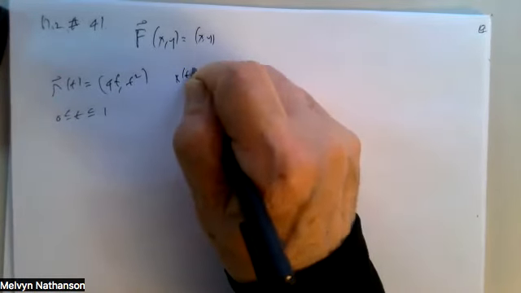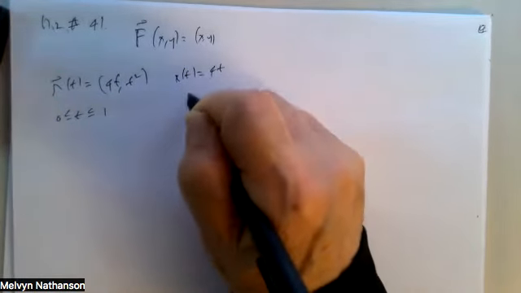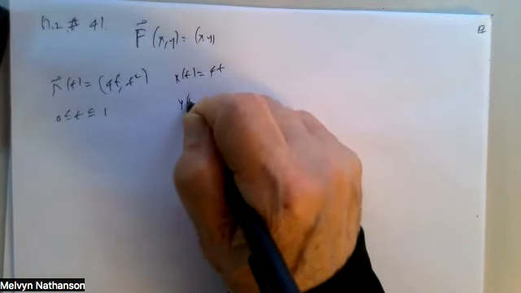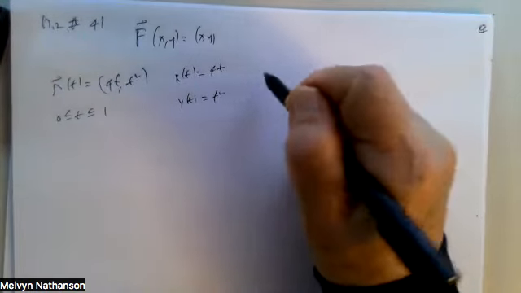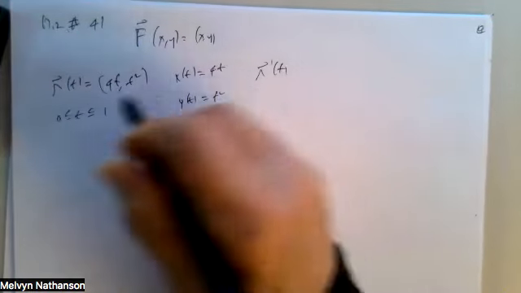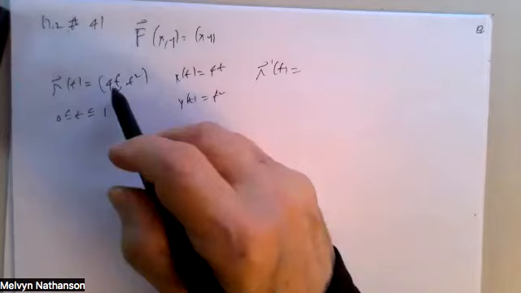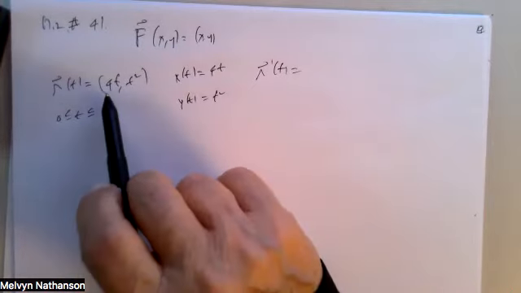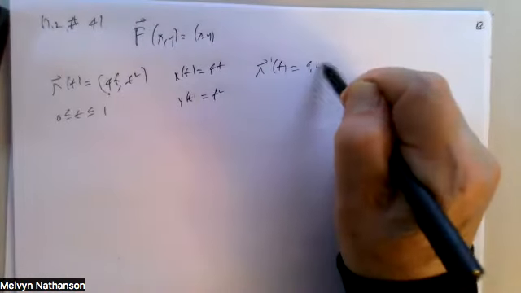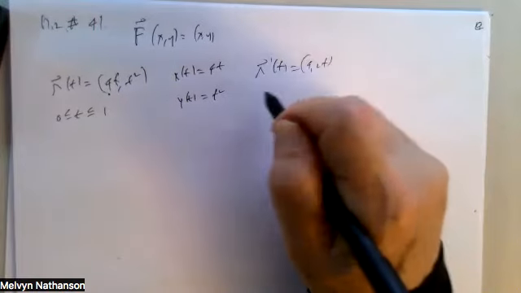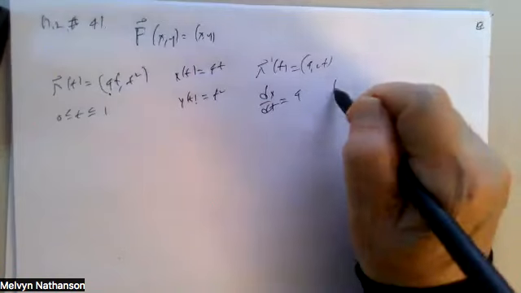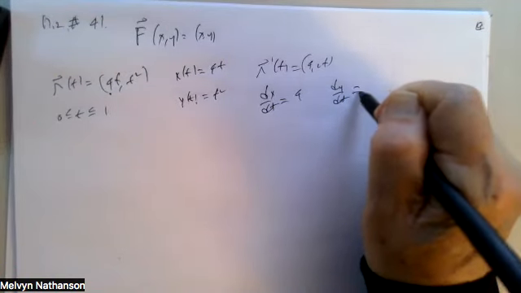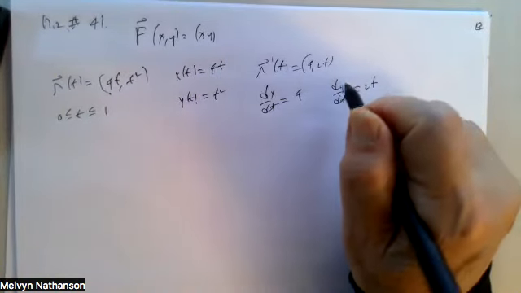So x of t is 4t. y of t is t squared. r prime of t is (4, 2t). That is, dx/dt is 4, dy/dt is 2t.